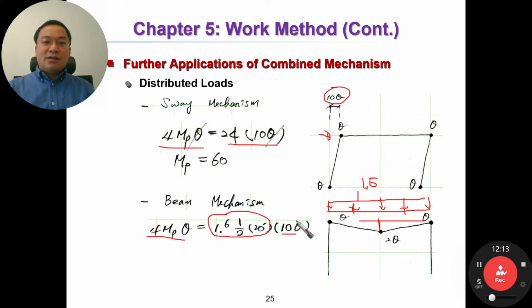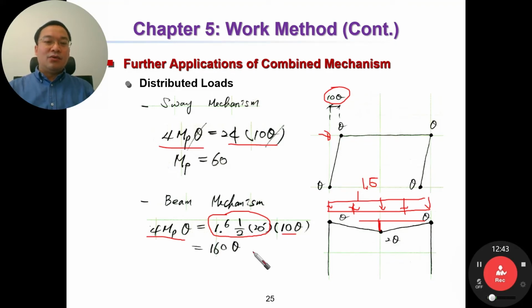So for the distributed load, in the textbook they already introduce this equation: the distributed load multiplied by the length of the element, divided by 2, and multiplied by the maximum deflection here.